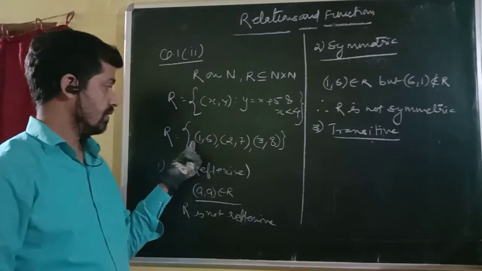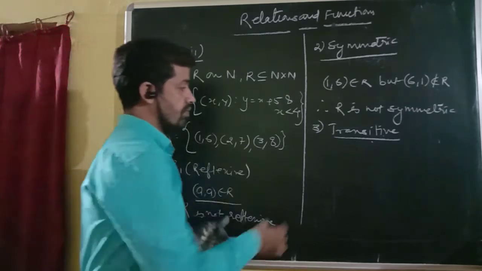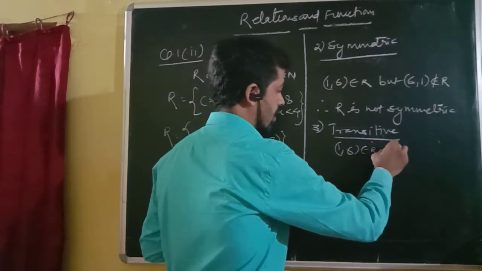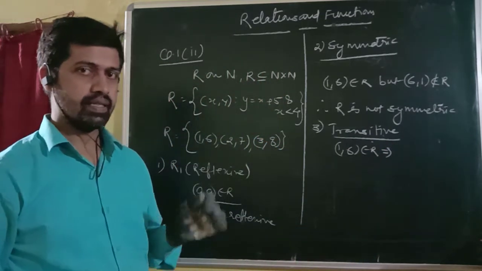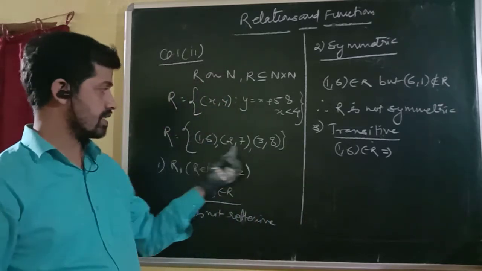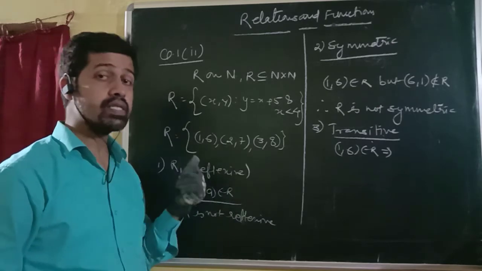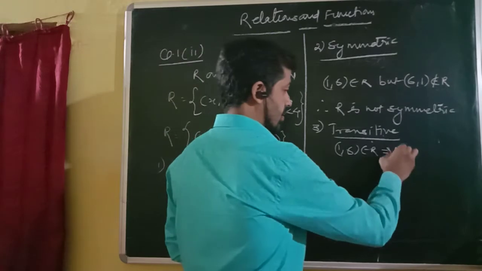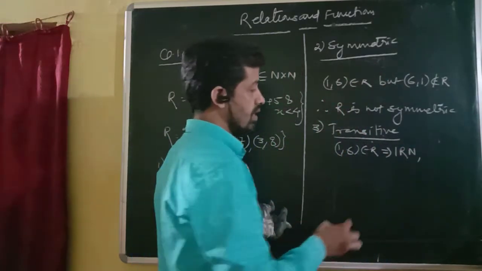How? 1 is related to 6, that is, 1 comma 6 belongs to R, and it is clearly visible that in this set, 1 is related to no other element except 6.